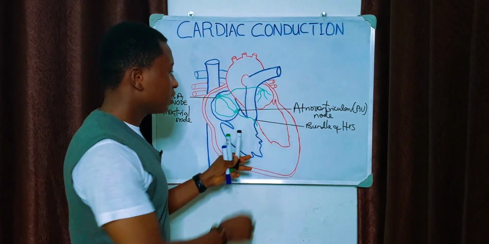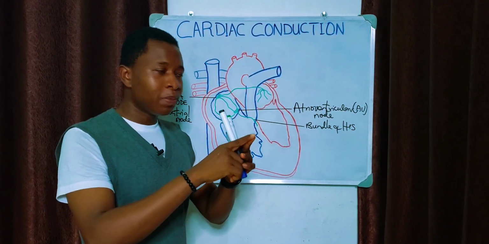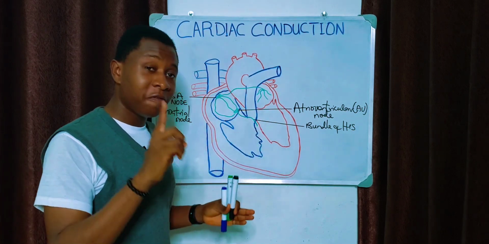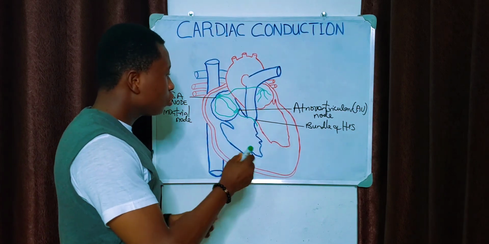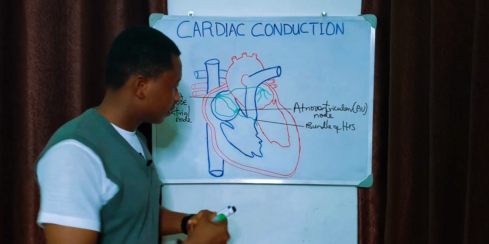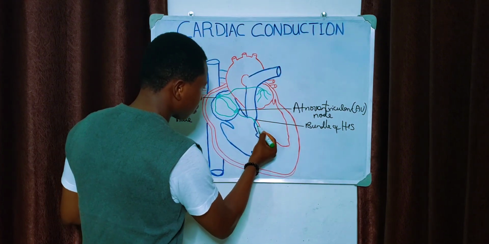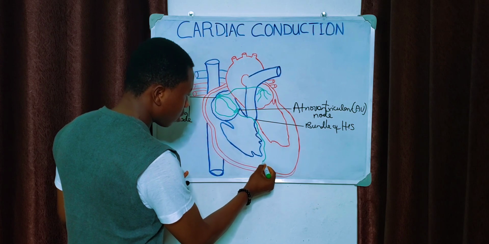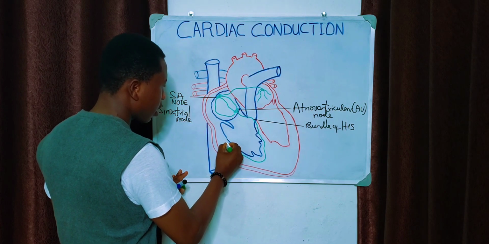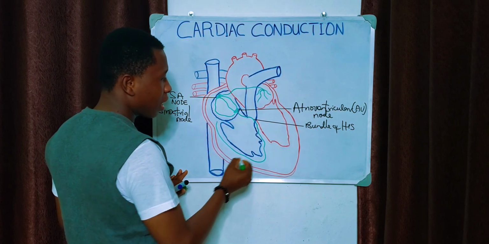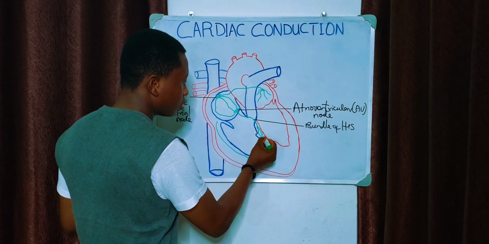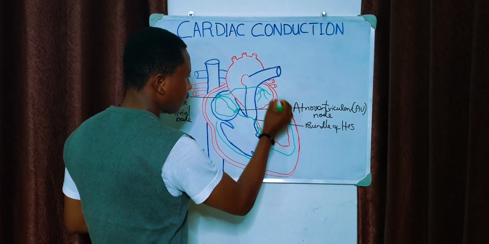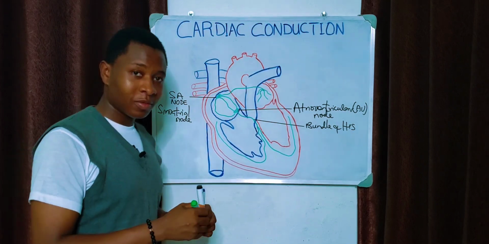Now, from the bundle of His, there is a partition. The bundle of His divides to form different fibers that run through different segments of the heart. Now, this is the division. One runs over the right ventricle, another runs over the left ventricle. All right.